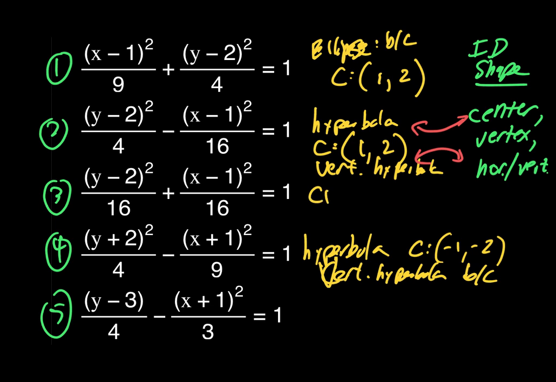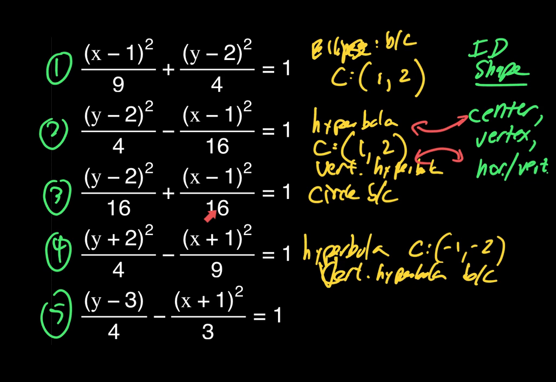This one here is a circle because it's adding. Just like an ellipse, but a circle is a compressed ellipse to the point where they have the same. So if you thought, oh, this is an ellipse, is it horizontal or vertical? Well, it's going the same direction up and down as it is left and right.